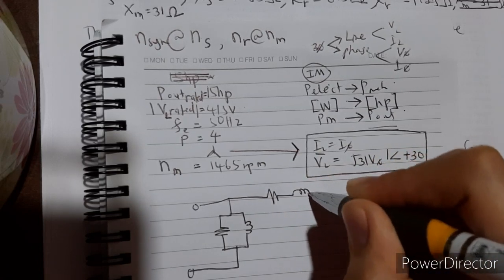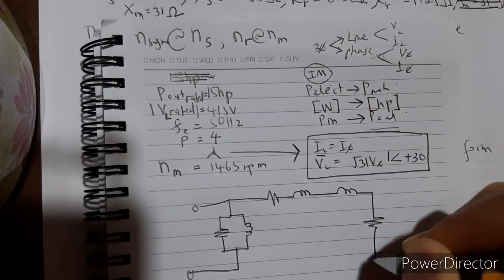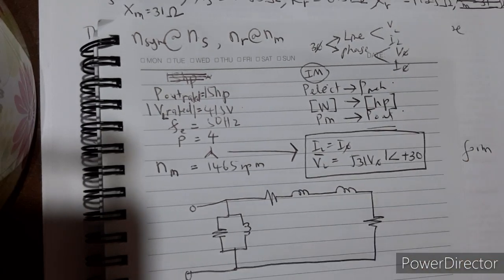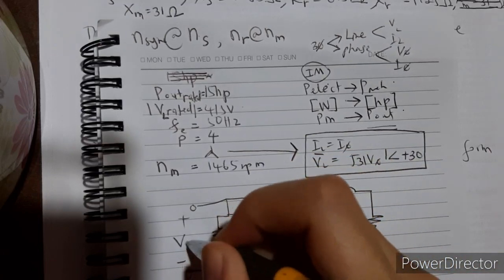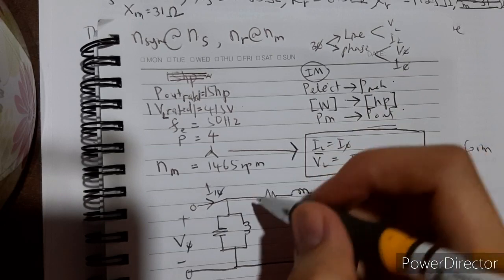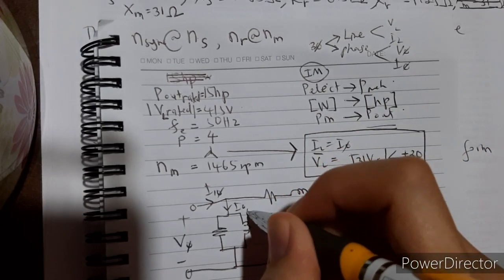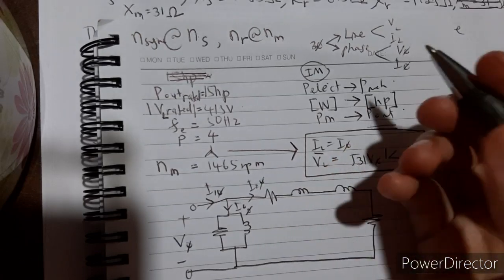You may refer to the circuit in the slide. Here we have the phase currents: I1 phase or stator phase current, I0 phase and I2 phase.